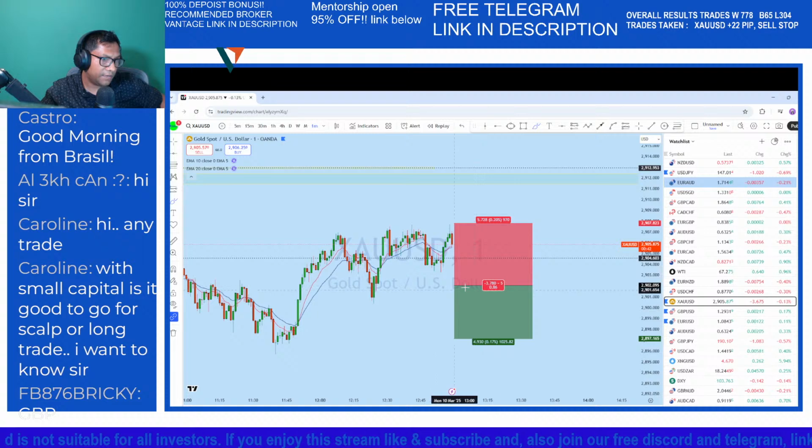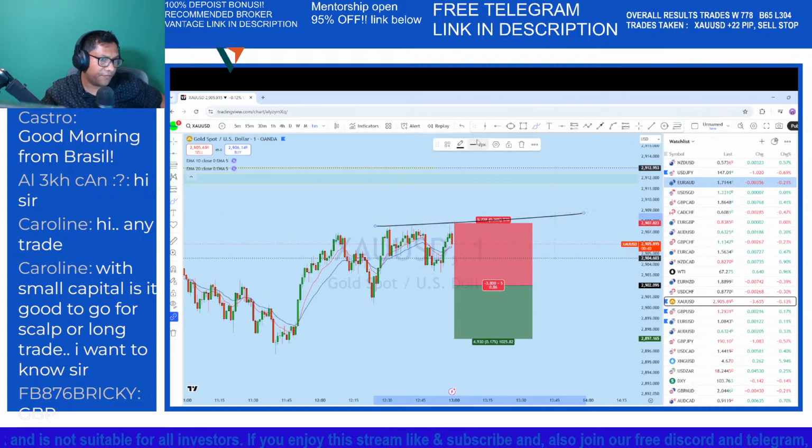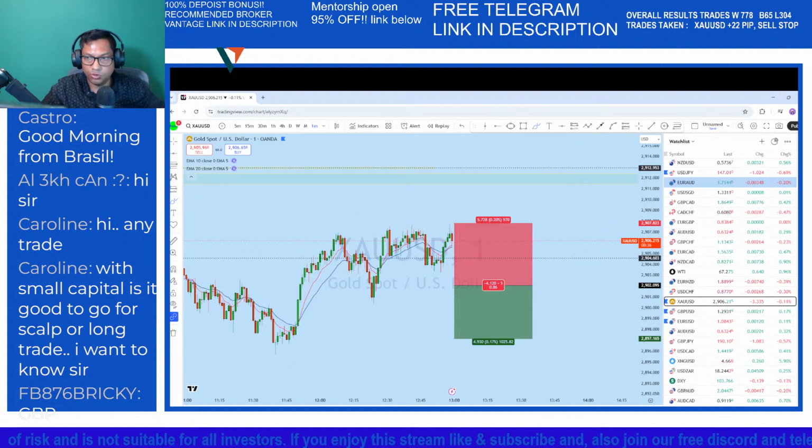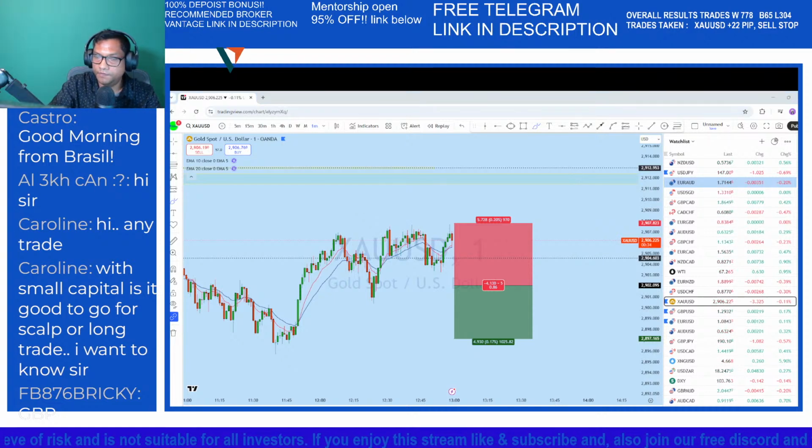Okay, I will keep that pending order here, because if the market fails to create a higher high, you might see a complete break below. In that case, you will be in the trade.